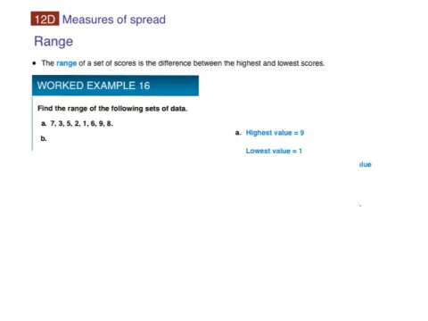The lowest value is 1. So the range is 9 minus 1, which is 8. So we can say that this set of values has a range of 8.